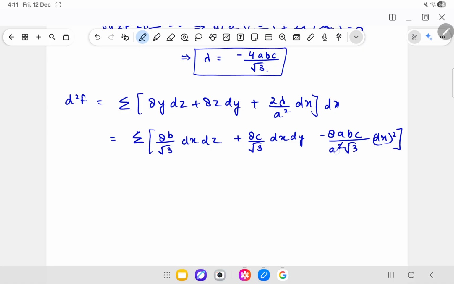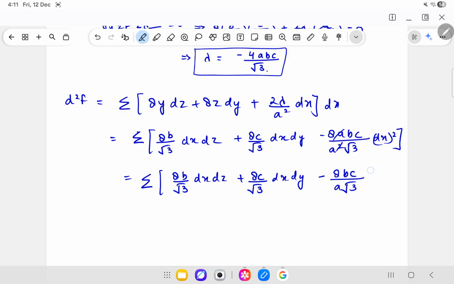This a balances this one, so it will be equal to summation 8b divided by square root of 3 dx dz plus 8c divided by square root of 3 dx dy minus 8bc divided by a square root of 3 dx square.